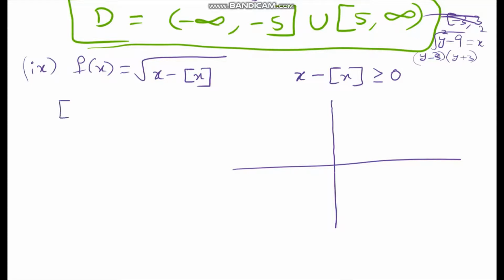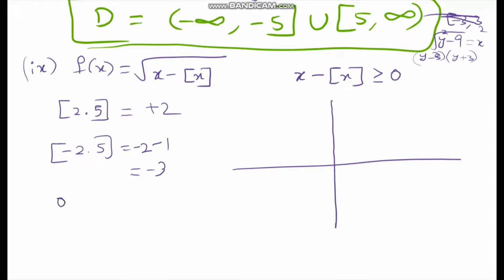For example, if I take step of 2.5, it will convert this 2.5 into the integer 2. Similarly, if I take minus 2.5, this will be minus 3.